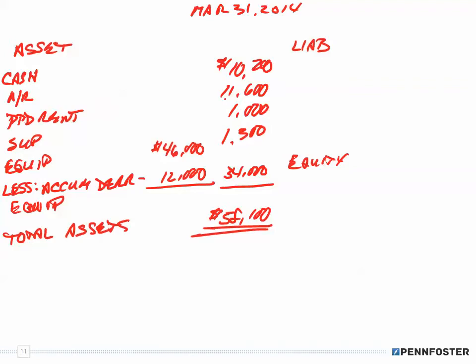Now, over to our liabilities. Okay, so we have accounts payable, unearned service revenue, interest payable. Well, actually, let me do interest payable, and then I'm going to go salaries payable.